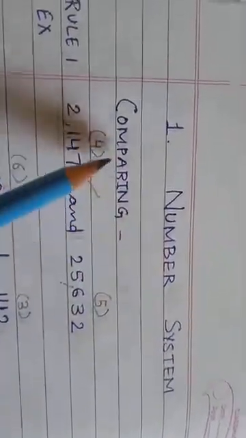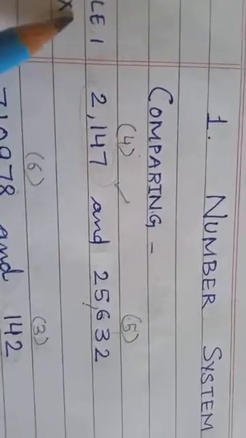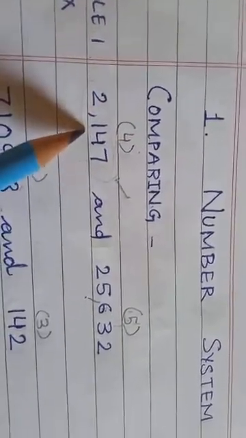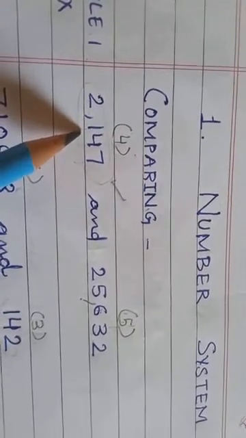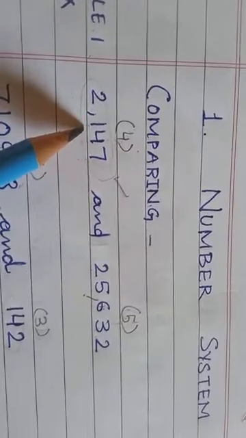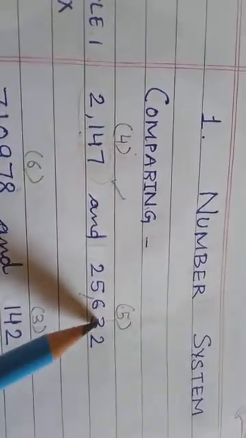Number system, comparing. We are on rule number 1. The first rule is to check the number of digits in each number. Here I am comparing this number with this number.